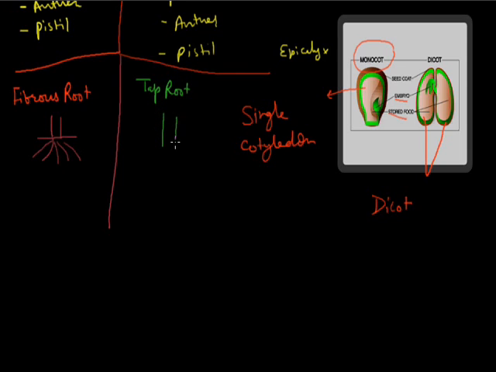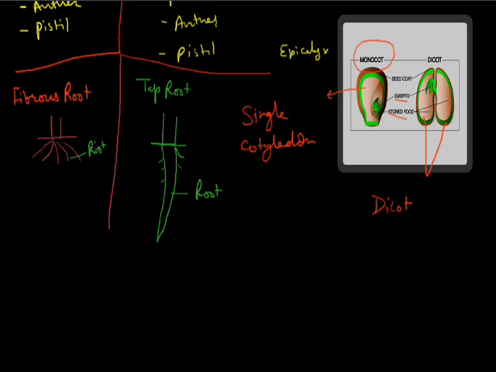Suppose this is the underground part of the plant body. It has the main root and other root hairs and other roots are present. So this is the main root, we call it taproot. So this is the fibrous roots and this is the taproot. Taproot is found in the dicot plant while the fibrous root is found in the monocot plant.